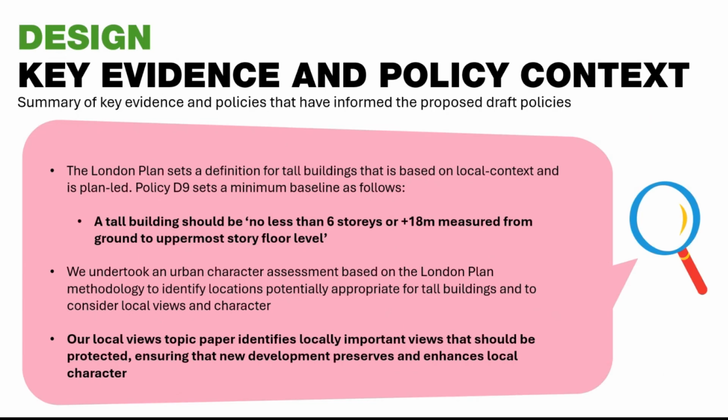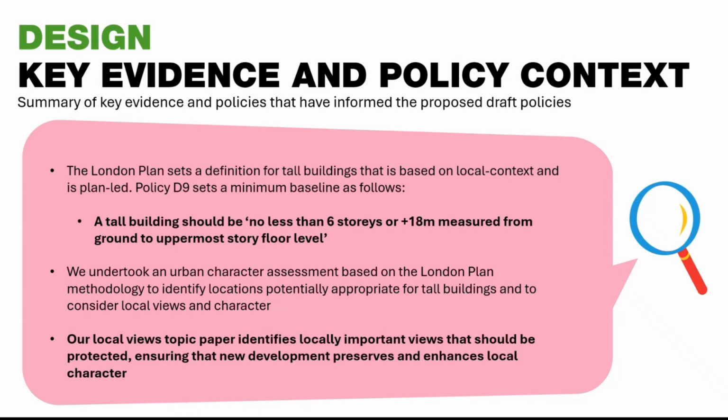So since 2020, we have been updating our evidence studies, and we have been researching what the key changes are in regional and national policy that we should be ensuring our design policies align with.